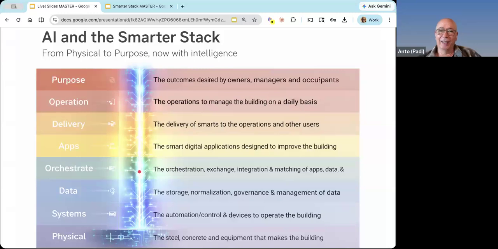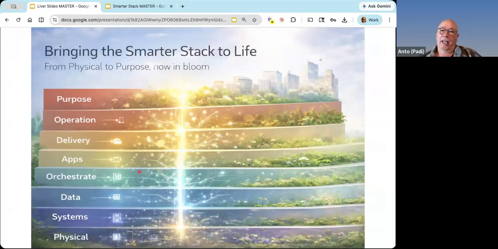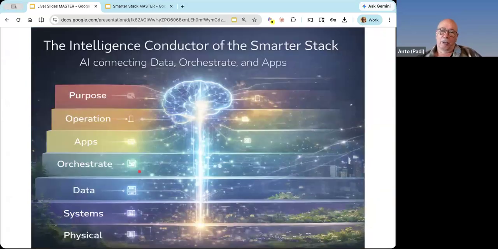That's kind of interesting. Then it said, this just makes it easier, right? You can now go now in bloom. Yeah, whatever that means. It's a bit wishy-washy. But this one I thought was interesting, because this one says, oh, well, clearly AI is really the purpose, right? You can think about AI as something that is focused on the purpose.